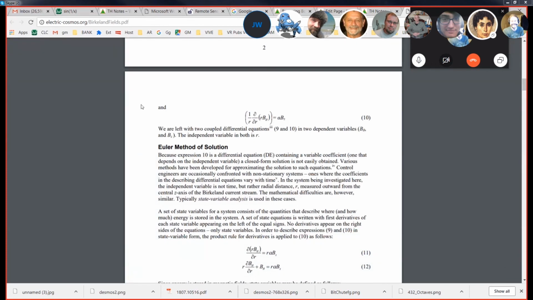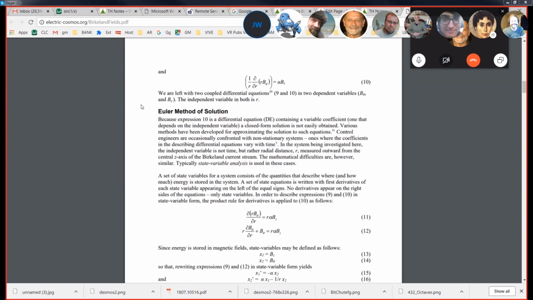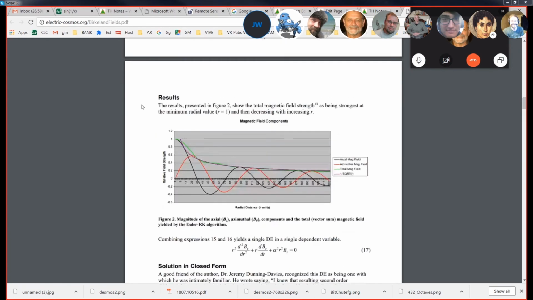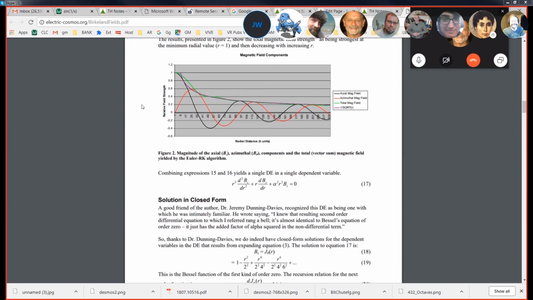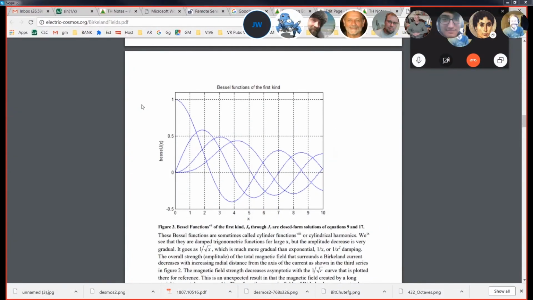So he just by using the standard understood formulas of gravitational fields, and given the main current in the Birkeland current, he derived that it would be Bessel functions that form sort of sleeves containing the different cylinders. Mm-hmm.